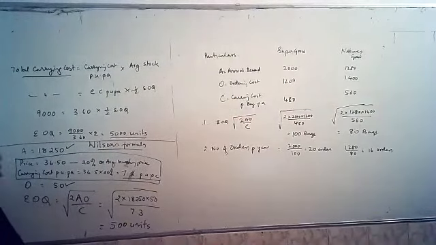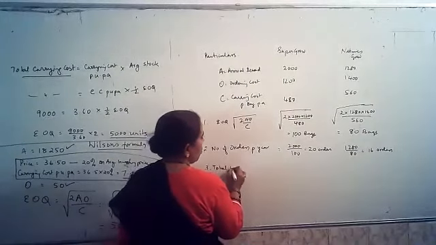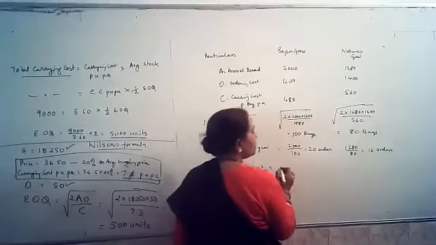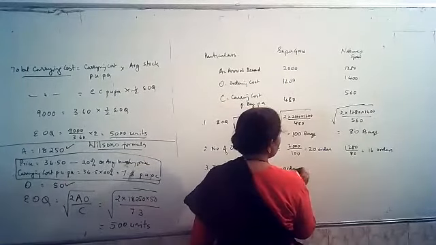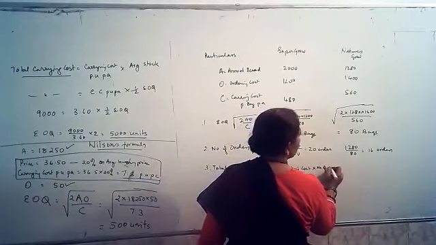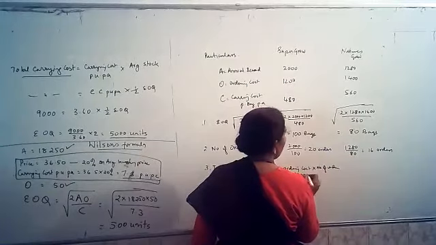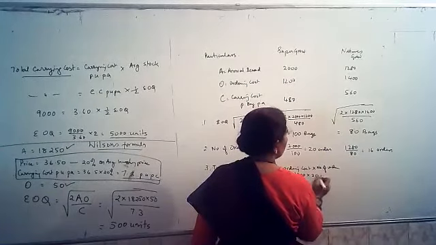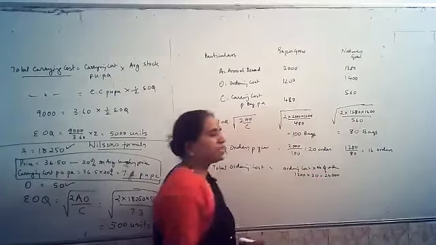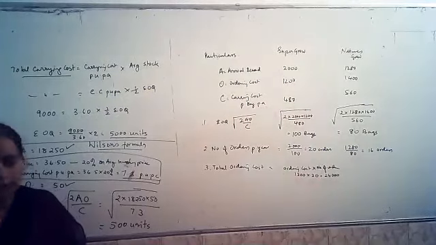How much is the total ordering cost? Third one, total ordering cost. It is ordering cost multiplied by number of orders. So ordering cost is 1200 multiplied by 20. So this gives me 24,000. So 24,000 is the total ordering cost.